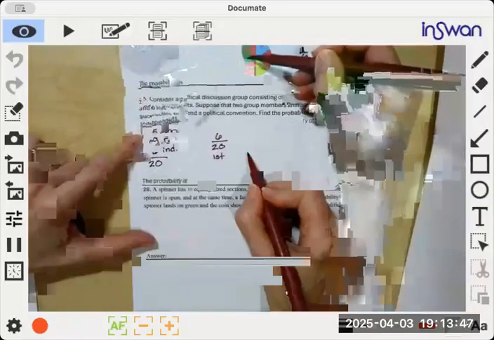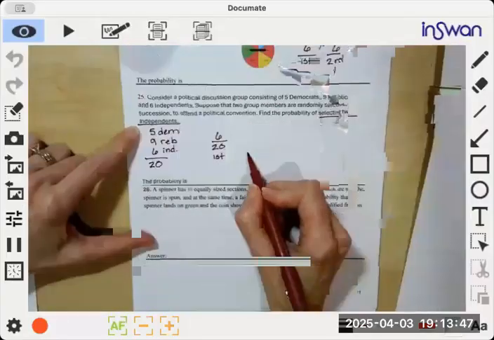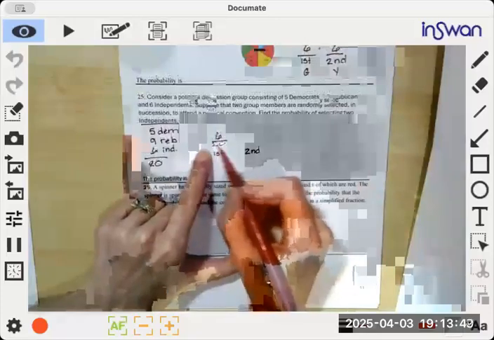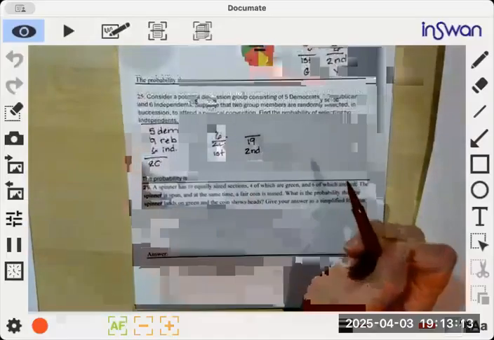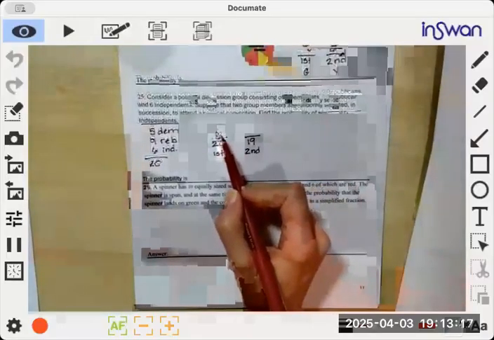Up here, when I spun and got green, that did not affect at all spinning again and getting a yellow. Down here, though, on my next one, I'm going to have 1 less person. So I'm going to have 19 on the denominator. And I no longer have 6 independents to choose from.